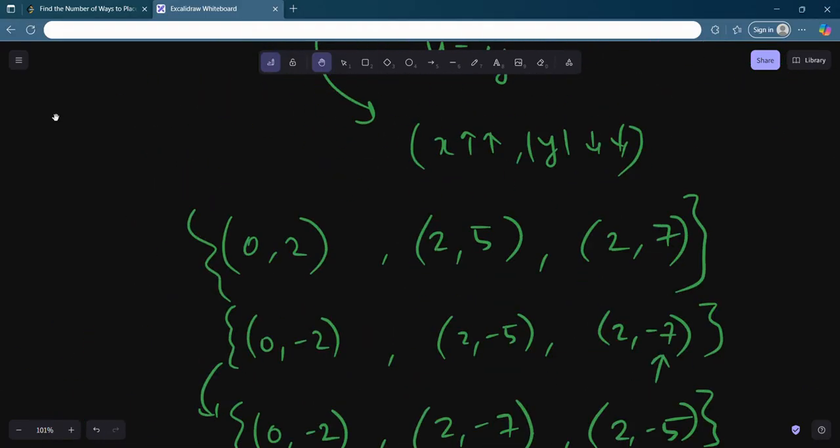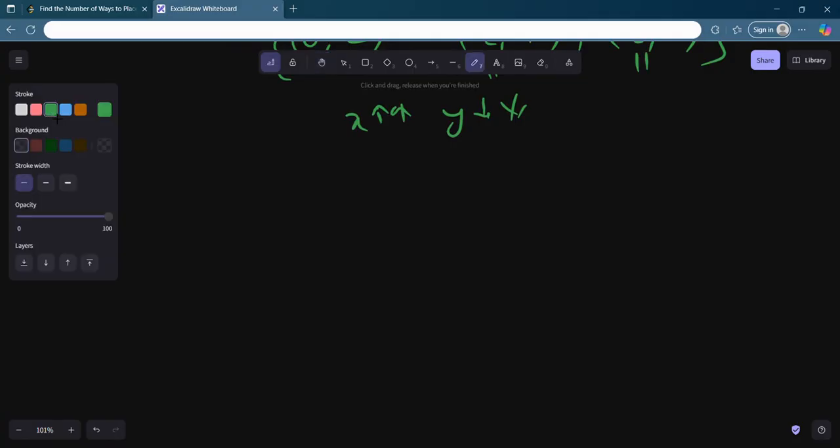So once you have the points sorted, what can you do now? Let's say this can be a point, and this can also be a point, and so on. Consider the first point, and keep two pointers, one is i, and the point is x comma y.